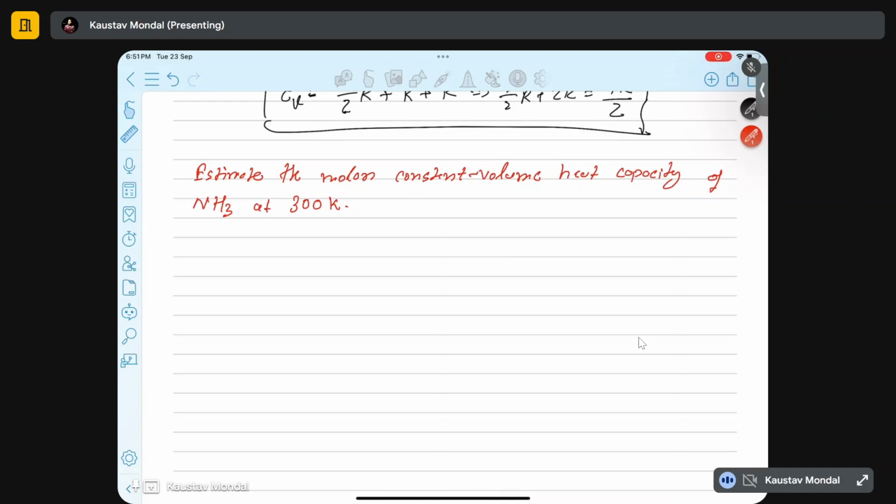So this is the problem. For the NH3 molecule, you have to calculate the constant volume heat capacity, C_V.